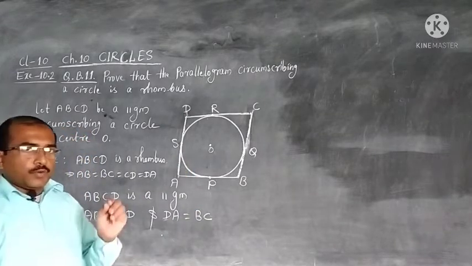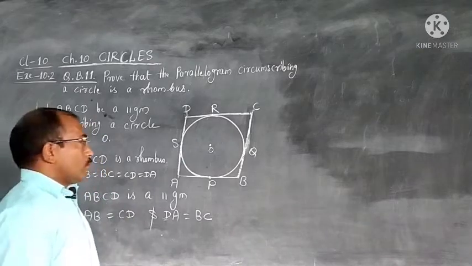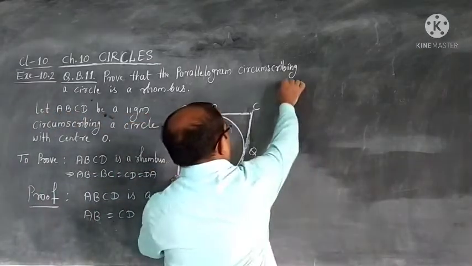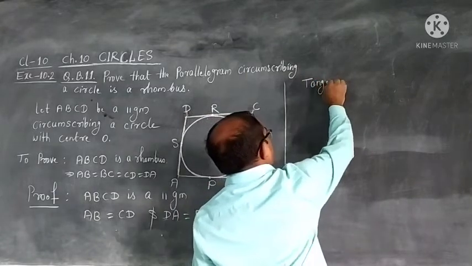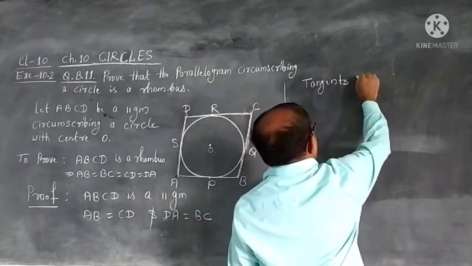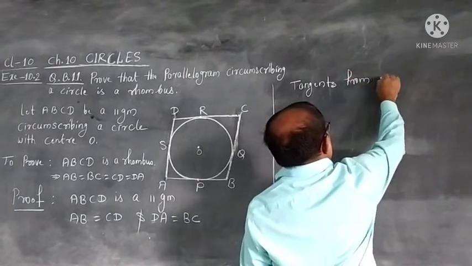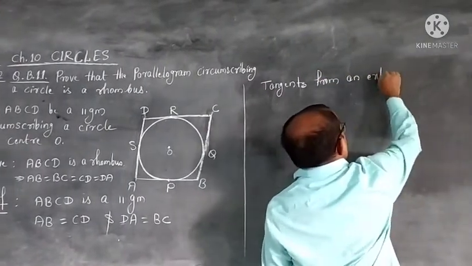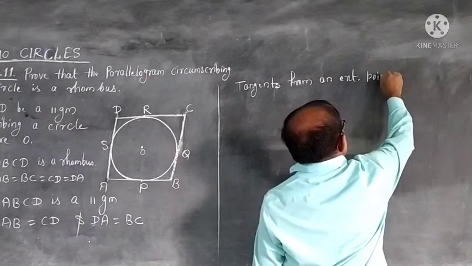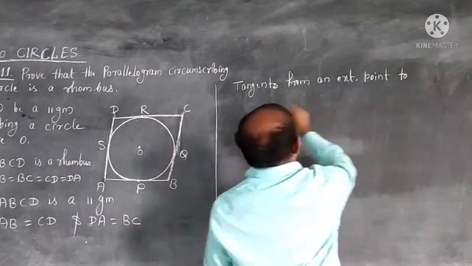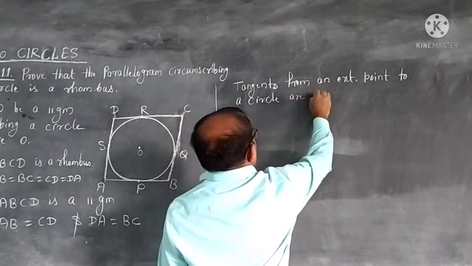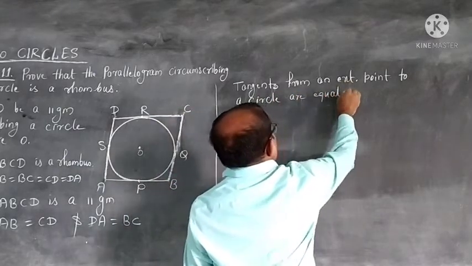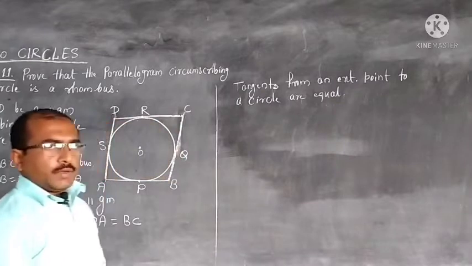Then we will go to the property of tangents from an external point. We know that tangents from an external point to a circle are equal in length, or we just write equal, the meaning is the same.